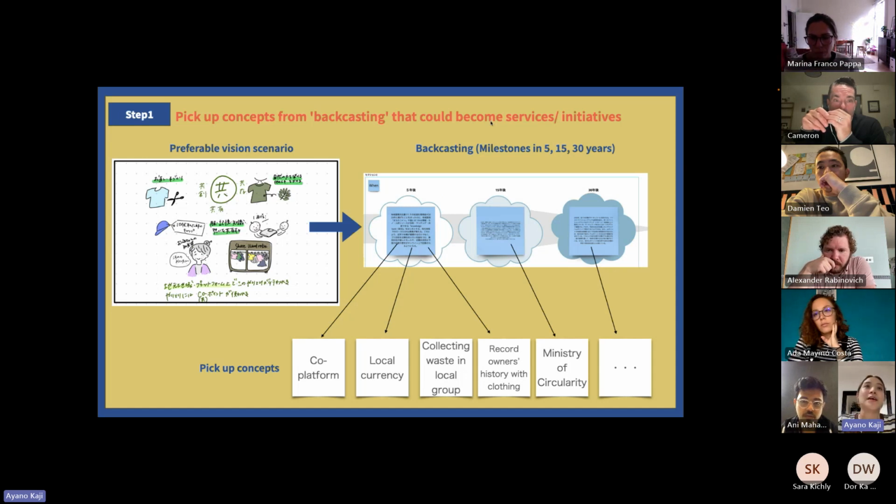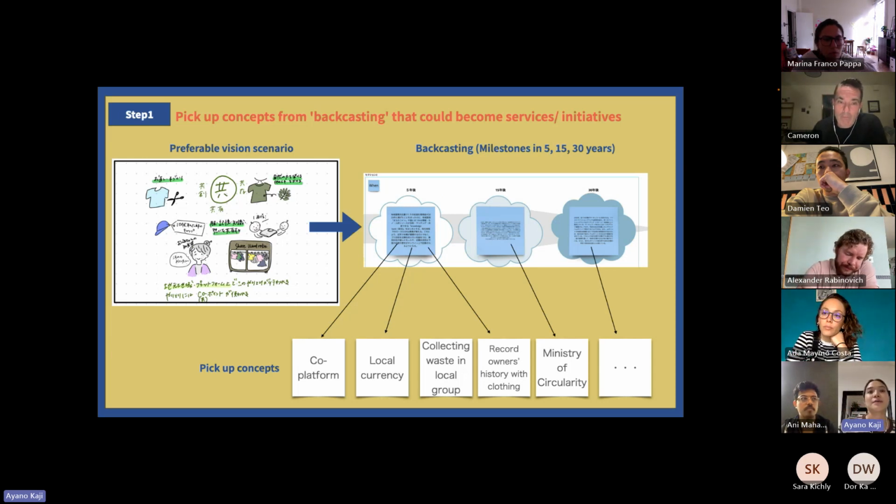So the first step is to pick up concepts from the backcasting that could become services or initiatives. There are 3 scenarios, so I asked participants to pick up as many key concepts or keywords as they could.